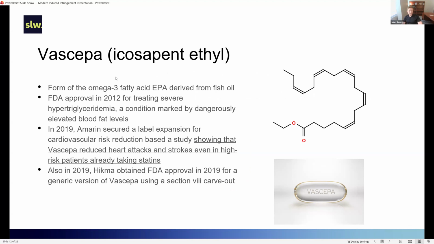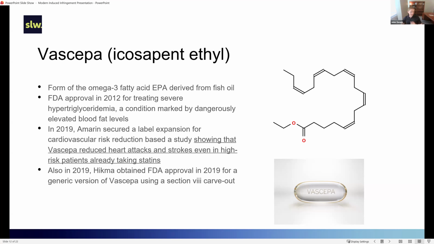It is a fatty acid EPA derived from fish oil. It was FDA approved in 2012 for treating hypertriglyceridemia, a condition marked by dangerously elevated blood fat levels.